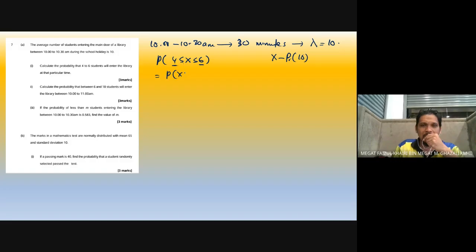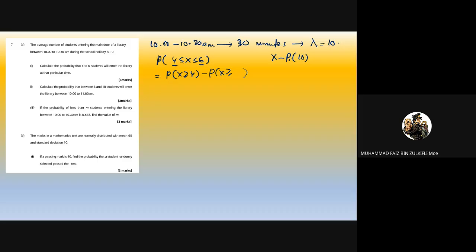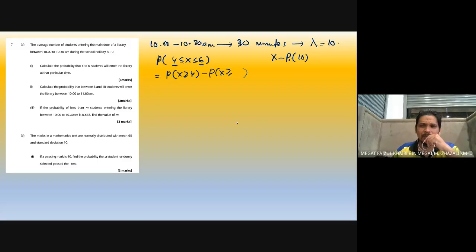So probability of x greater than or equal to 4 minus probability of x greater than or equal to 6. 6 or 7? Anyone? 6 or 7? 6. If we minus with 6, that means 6 is not included.